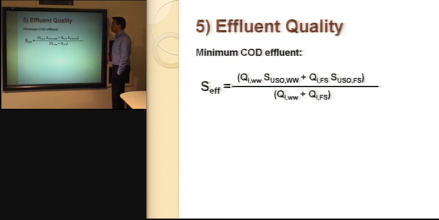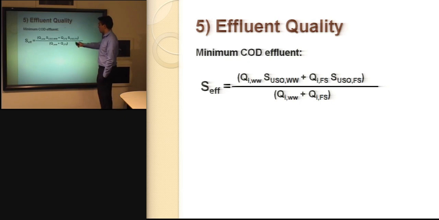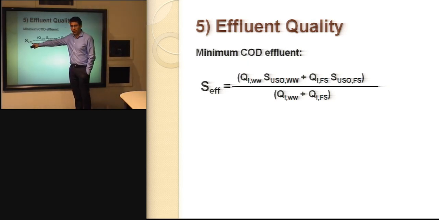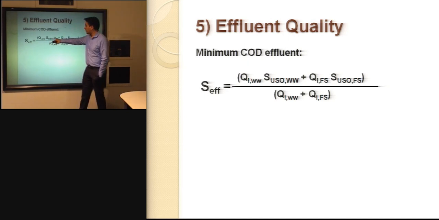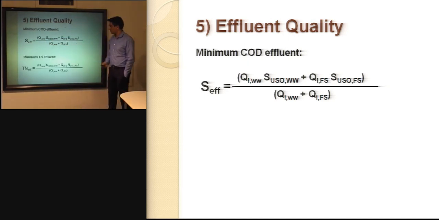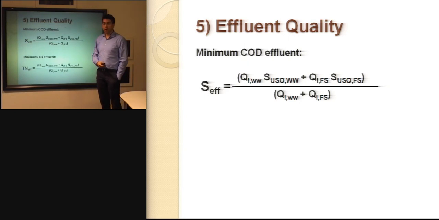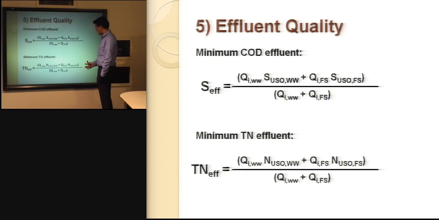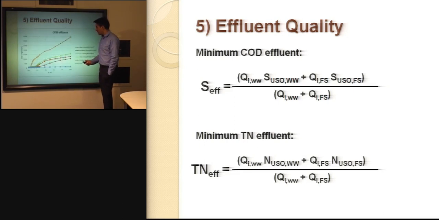Weighing the concentrations of unbiodegradable soluble organics for the fecal sludge and for the wastewater, we can estimate the minimum COD that we can observe in the effluent, and that can be quantified with this expression. And in a similar way, we can obtain an expression to quantify the total nitrogen concentration in the effluent with this equation.